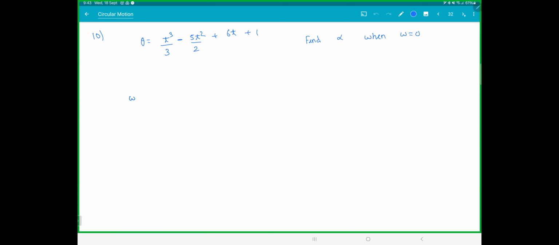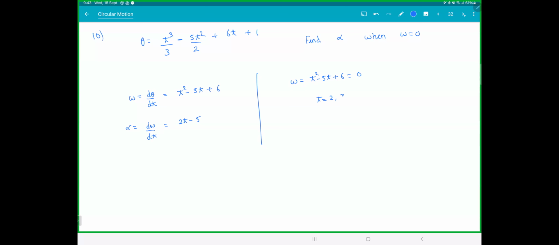So first thing, omega is d theta by dt, which is t square minus 5t plus 6. Alpha is d omega by dt, which is 2t minus 5. So the question says, when omega is 0, t square minus 5t plus 6 is 0, we get time is equal to 2 seconds and 3 seconds.